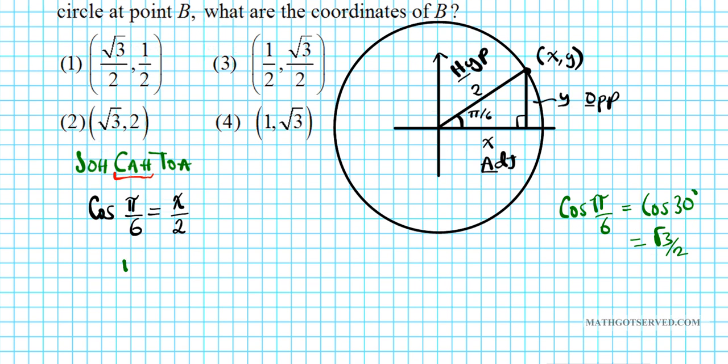So we're going to have root 3 over 2 is equal to x over 2. To isolate x, you multiply both sides by 2, and your final answer is root 3. Okay, so the x-coordinate of that point is root 3. We can clearly see that our answer is option number 2.